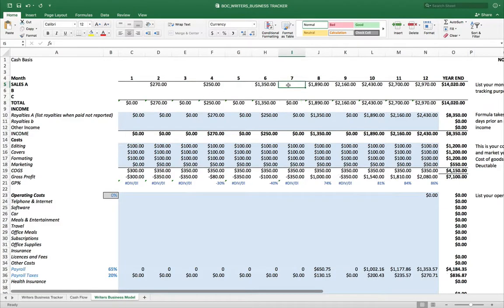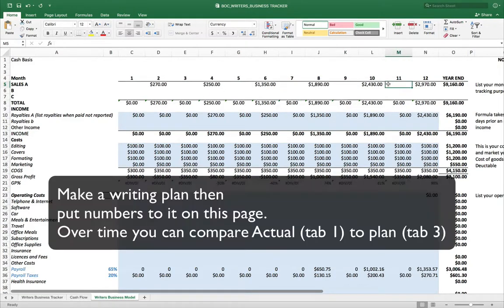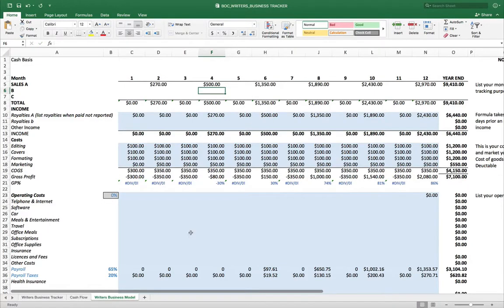And you can then change these numbers to what you think they're going to be and have a model that is associated with your writing plan. You would do whatever you set in here for how you build this out. Once I walk you through the tracker, you'll understand these sections and have a feeling for how you would fill these things out. So let's now talk about the parts of the business tracker.